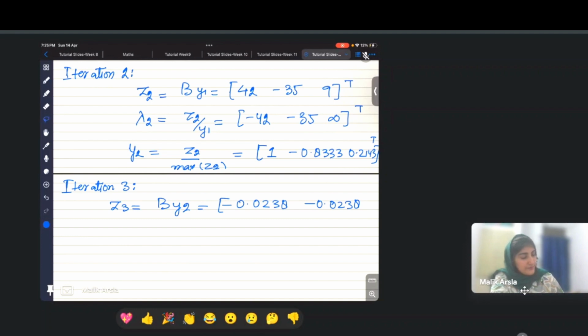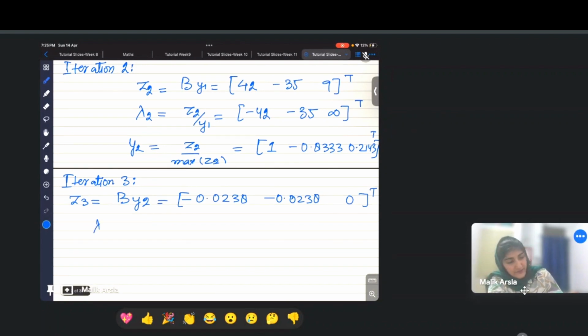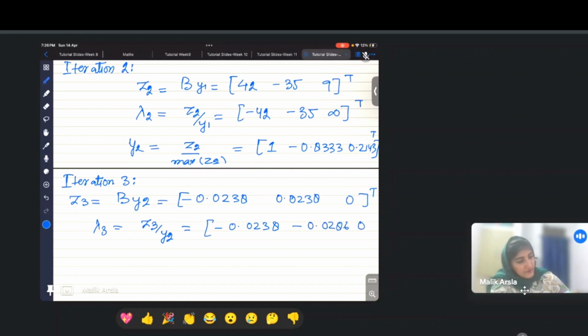Now here lambda 3 is equal to Z3 upon Y2. This one here is positive. So Z3 by Y2 will be minus 0.0238, the second one minus 0.0286, and the third one 0.